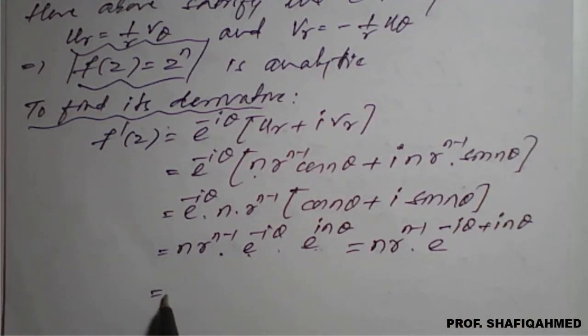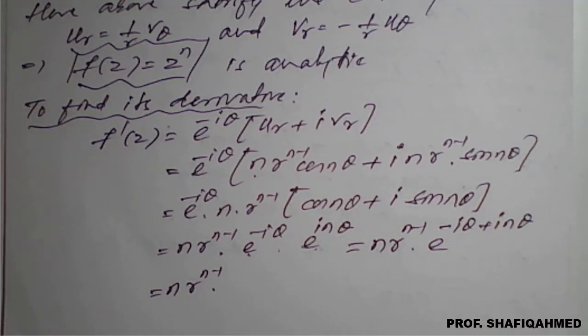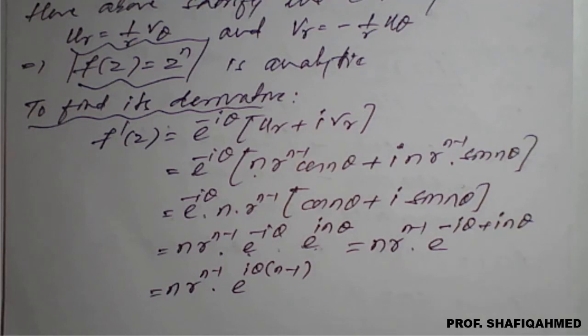So here we can take i theta common, and what is left inside is n minus 1.